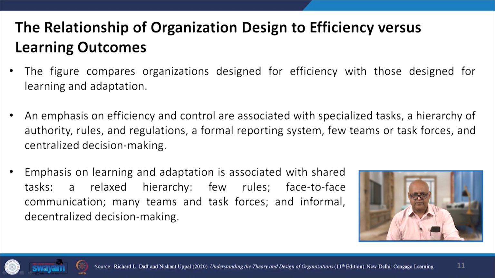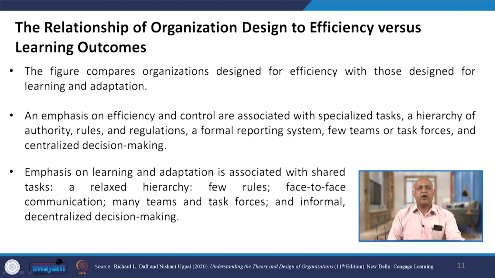Now, these are the learning outcomes: organization designs for efficiency versus learning outcomes. The figure compares organization design for efficiency with those designed for learning and adaptation. So basically what is the purpose?